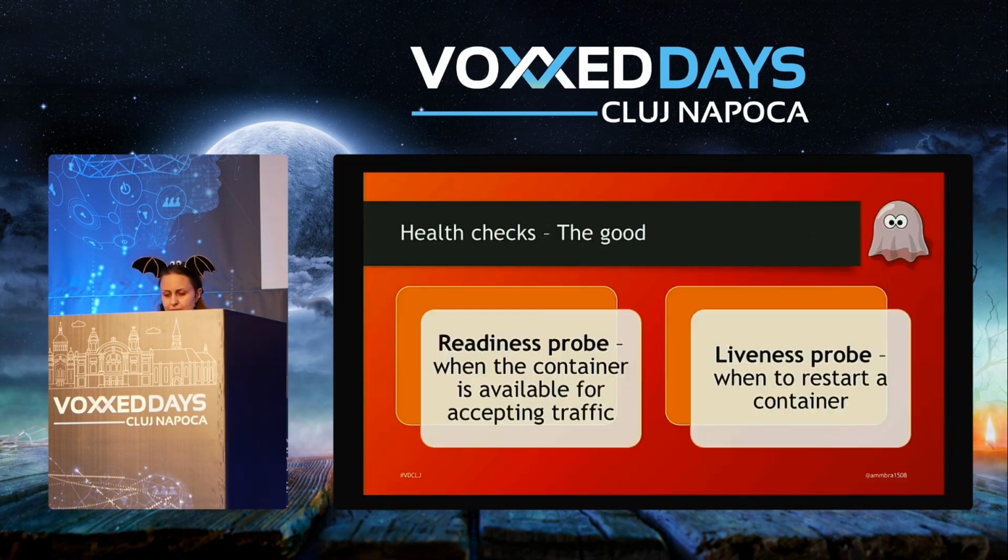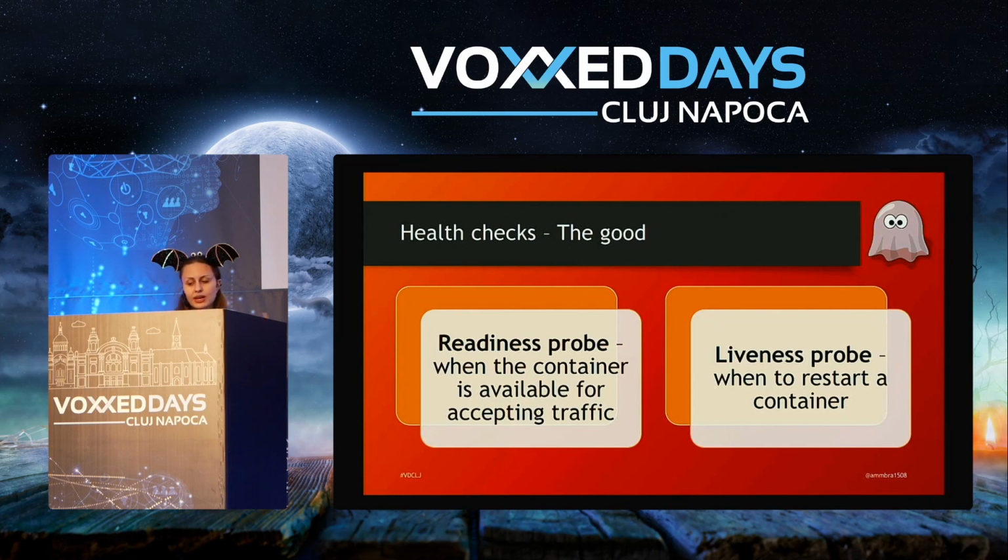So, for example, let's talk about health checking. You saw my health indicator over there. Now, the good thing about health indicators is that they're telling you a few things about the status of your application. There are two very well-known health probes. The readiness probe shows when the container is available for accepting traffic. You don't want to send data, or access an application, that's not able to respond to you, so this is why it's good to set up this probe.